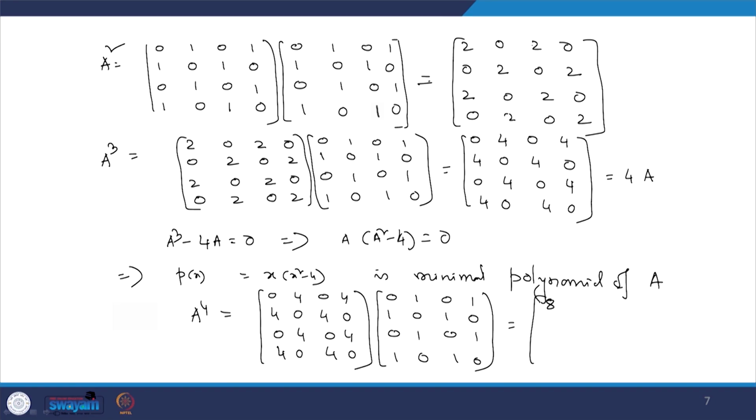First entry will be 8, second will be 0, then 8, 0, 0, 8, 0, 8, 8, 0, 8, 0, 0, 8, 0, 8. So, I will have a matrix like this. This is equal to A square times this quantity, so I can take the common 4.